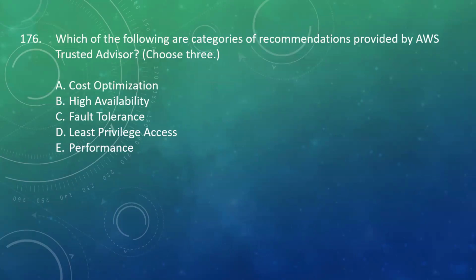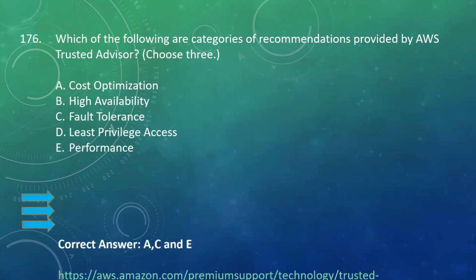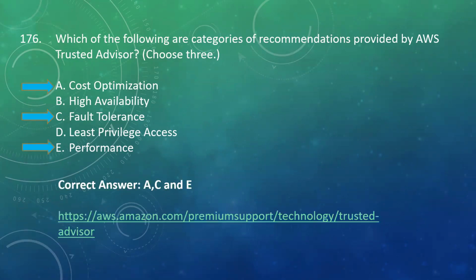Next question. Which of the following are categories of recommendations provided by AWS Trusted Advisor? You need to choose three options here. Now your options are cost optimization, high availability, fault tolerance, least privilege access, and performance. And the correct answers are now on your screen, which are cost optimization, fault tolerance, and performance.